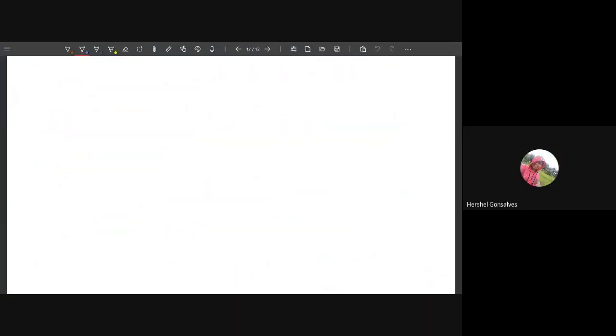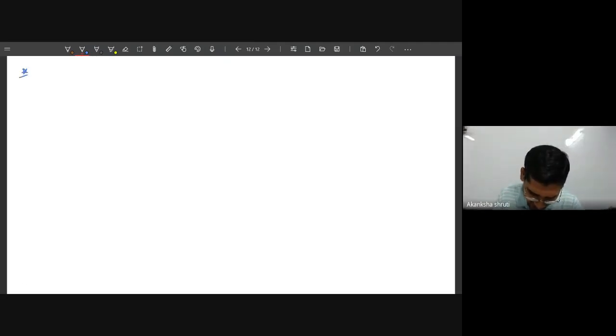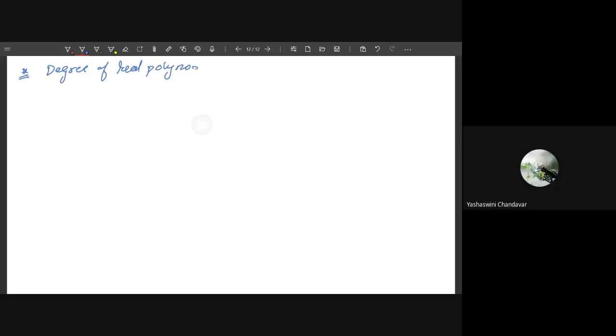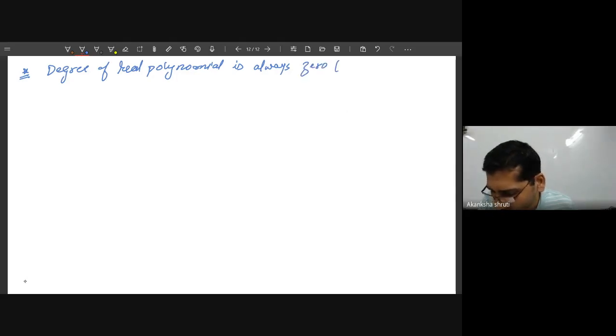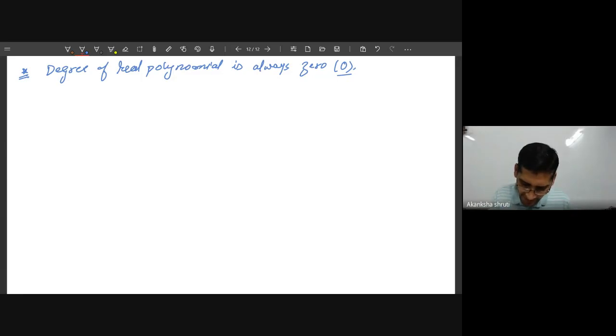Okay, the important point is that the degree of a real polynomial is always 0. Or in brackets, you may write it is this 0. Example: and what is this real polynomial? A real polynomial could be any real number. So write this second point also once more.